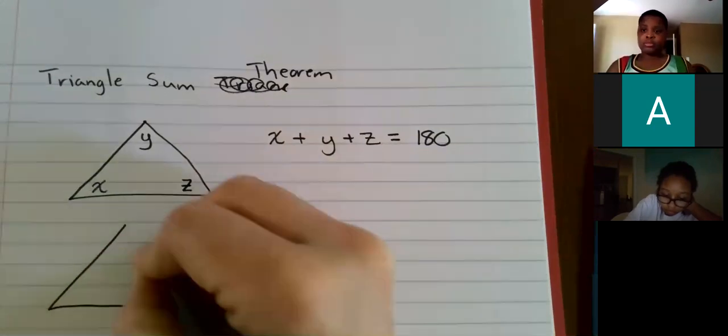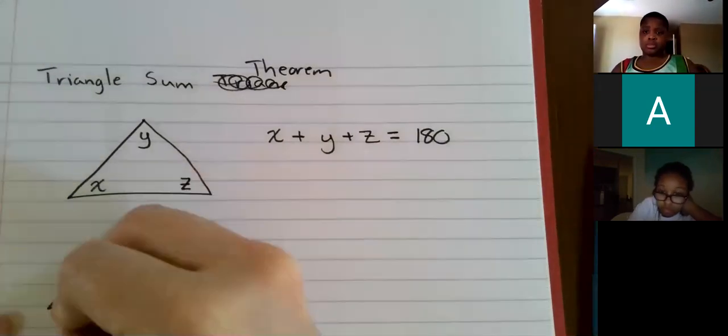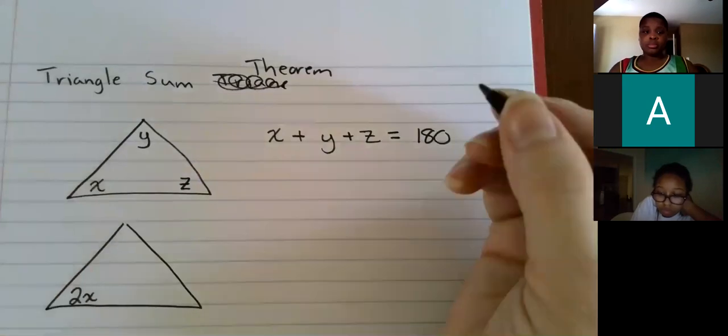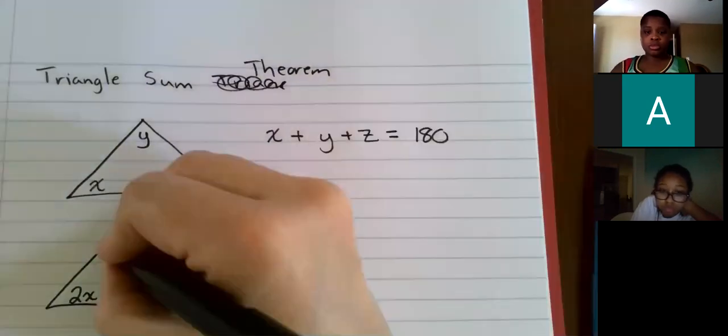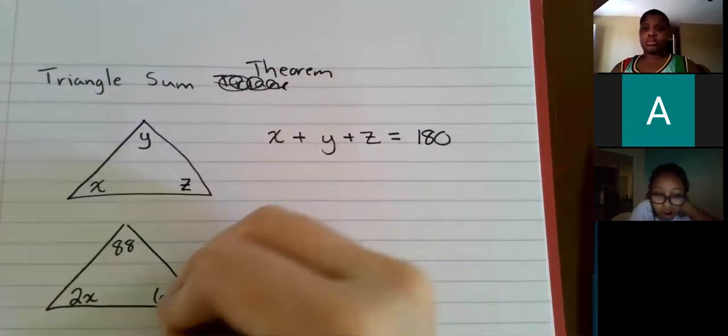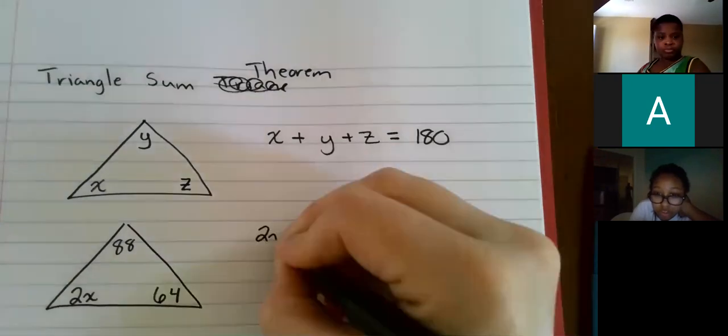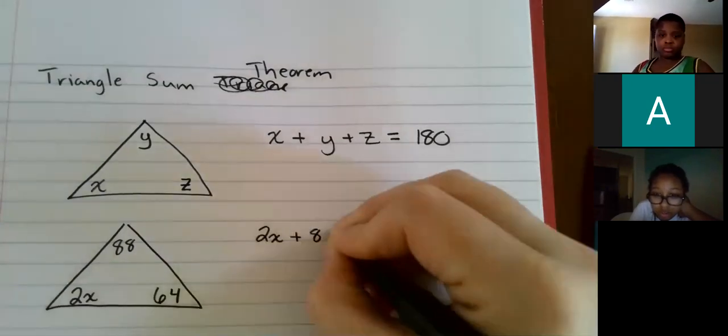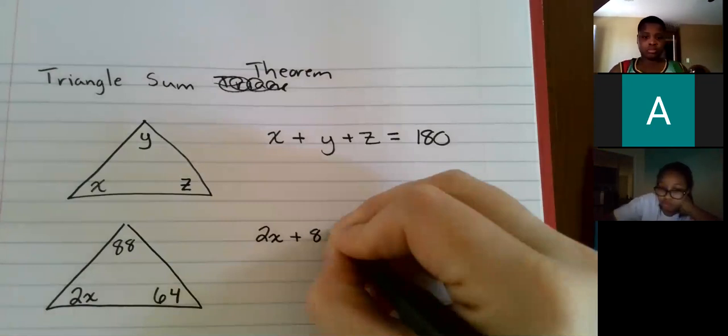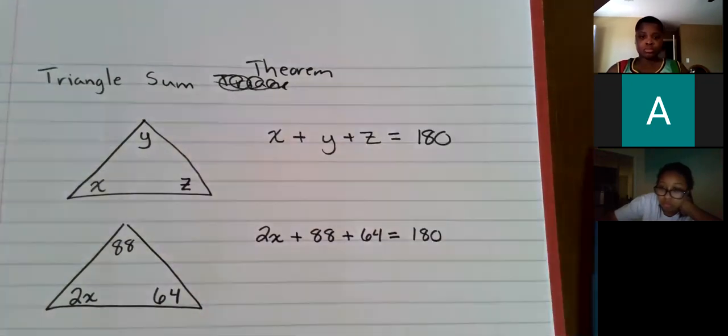So maybe you've got 2x and you've got 88 degrees and you've got 64 degrees. So to set this equation up, we know it's going to be 2x plus 88 plus 64, and that's going to be equal to 180 degrees.